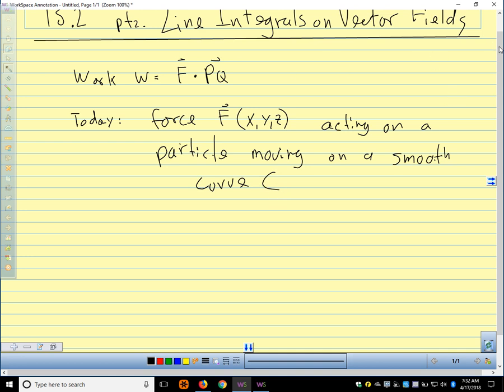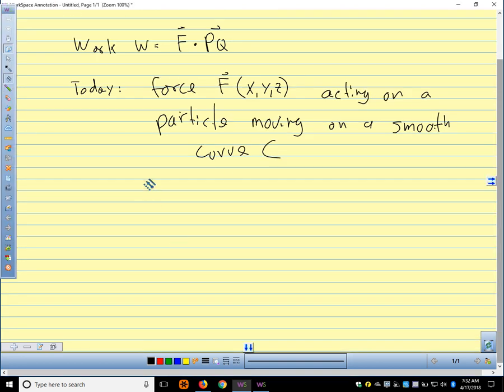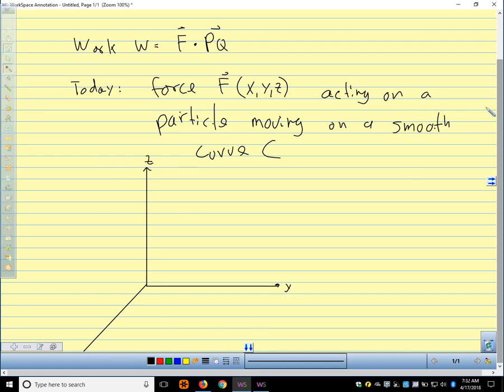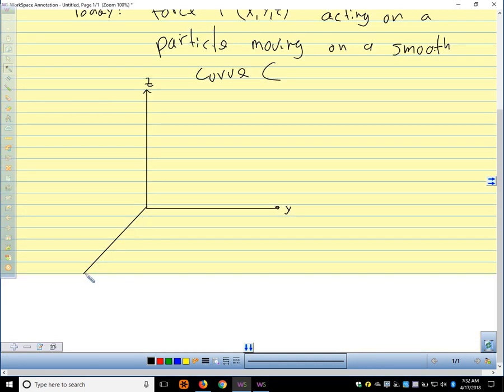So let's draw a picture here. In our three-dimensional coordinate system, we have some curve C. So there's our curve C. And what we're going to do is divide C into several subintervals.